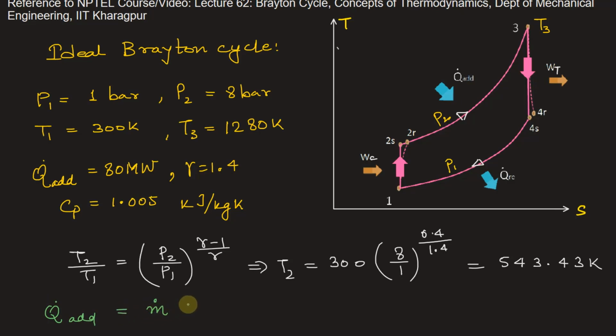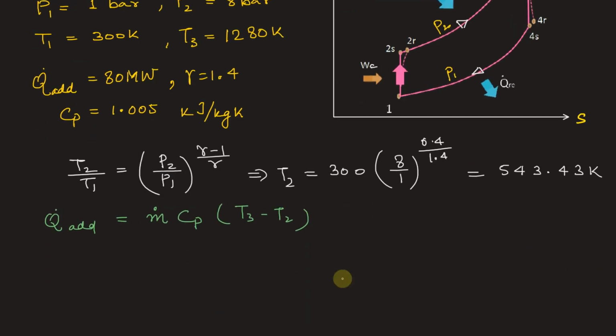Now the heat addition in the cycle, Q in or Q add, can be written as mass flow rate times Cp, specific heat at constant pressure, multiplied by T3 minus T2, because heat is added between 2 and 3 at constant pressure P2. Now all the information is given, so we can find the mass flow rate. m dot will be equal to Q added divided by Cp times T3 minus T2.